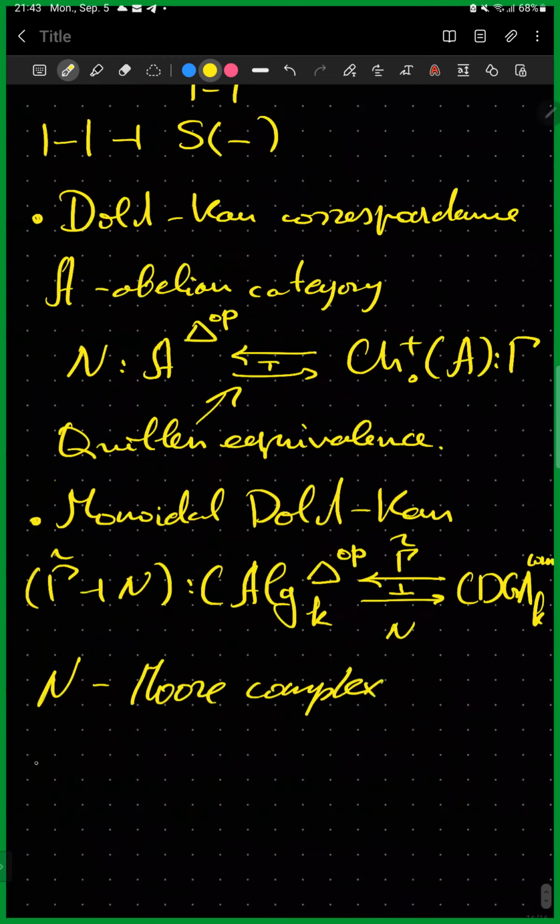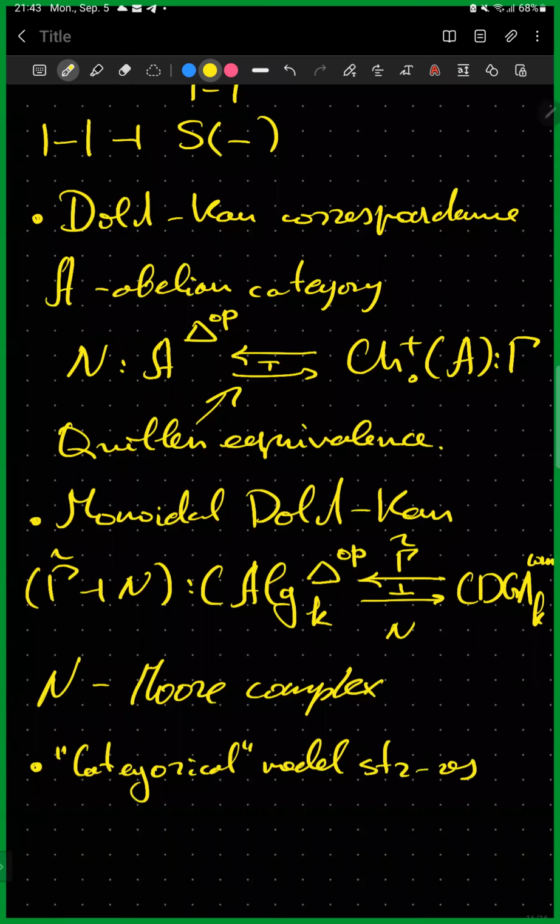So finally, one of the modern applications of model categories is so-called categorical model structures, which give Quillen equivalences.